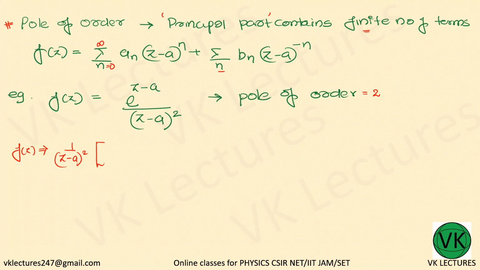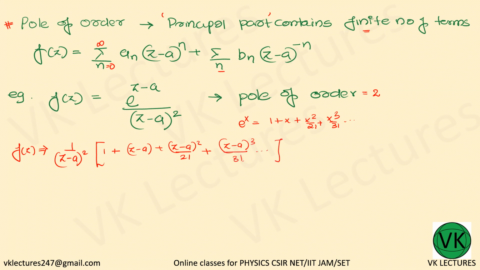We have already seen how to write e to the power x, that's equal to 1 plus x plus x square by 2 factorial plus x cube by 3 factorial, etc. So e to the power z minus a is 1 plus z minus a plus z minus a squared by 2 factorial plus z minus a cube by 3 factorial, etc.